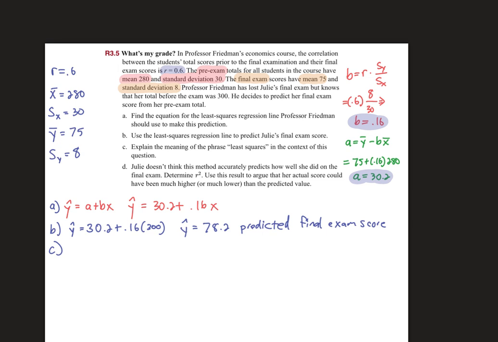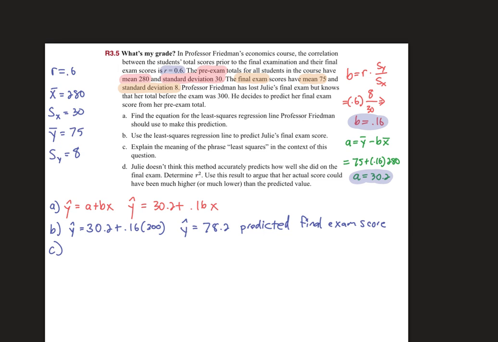For part C, they say explain the meaning of the phrase least squares in the context of this equation. I'm not going to write this down, I'll just say it. You can imagine this professor has a bunch of students. They all took the pre-exam and the final exam.